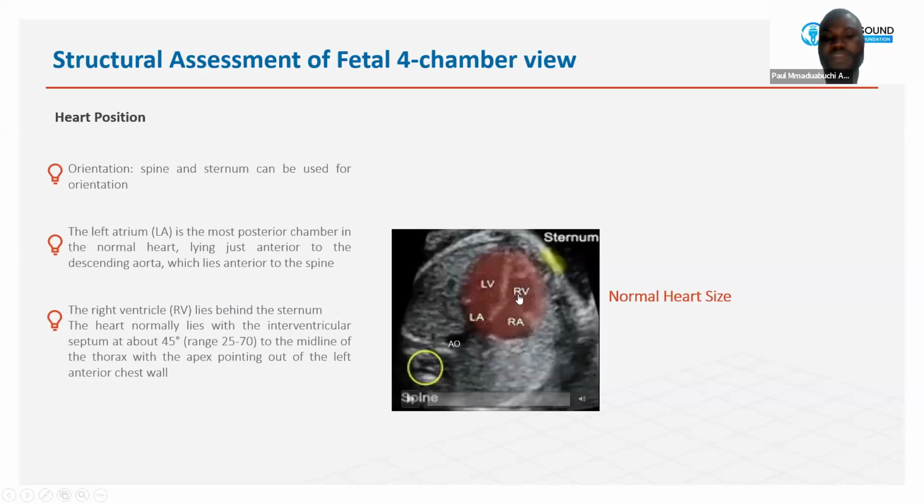This is your sternum, and the right ventricle lies behind the sternum. The angle at which it lies is always about 45 degrees, ranging from 25 to 70, and when it exceeds this, there is an anomaly you are to diagnose. If you look at this video, using this line, you can see that this is your sternum and the right ventricle lies within 45 degrees to the sternum.